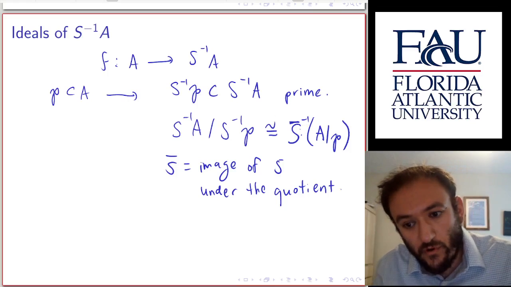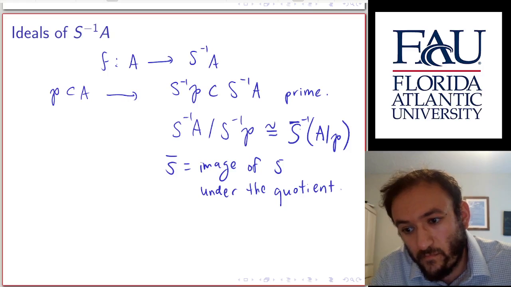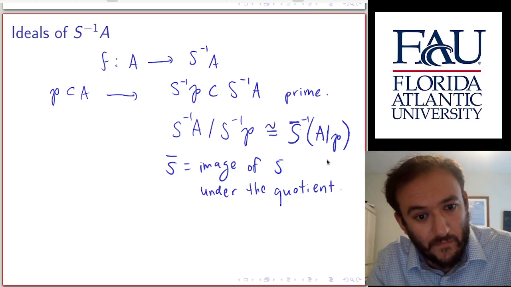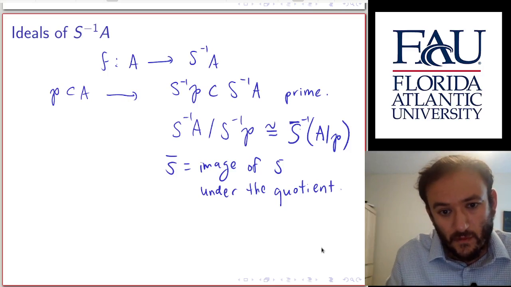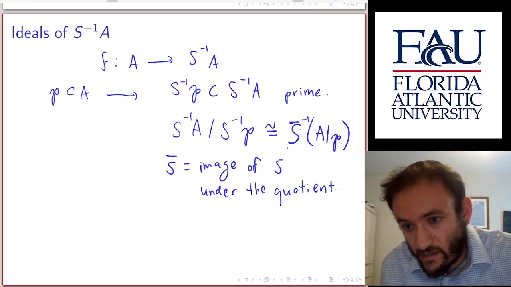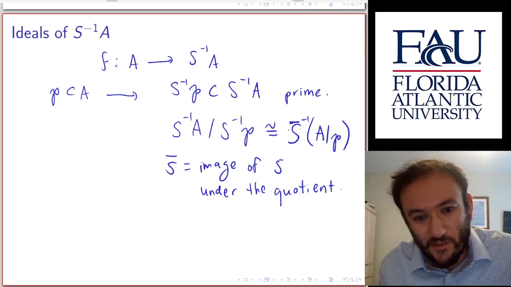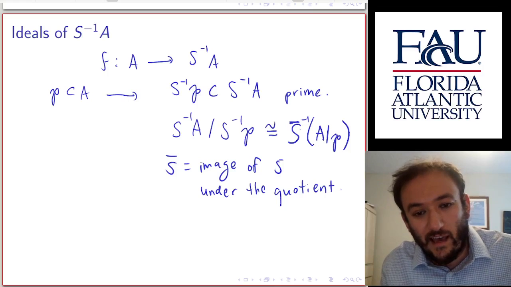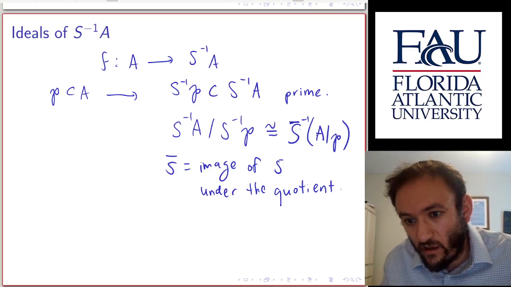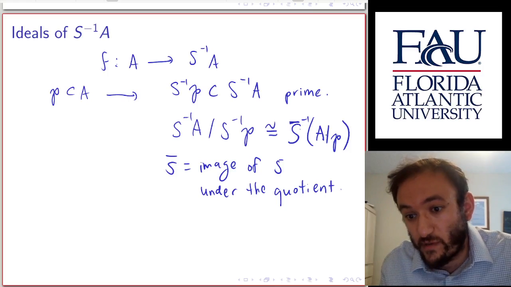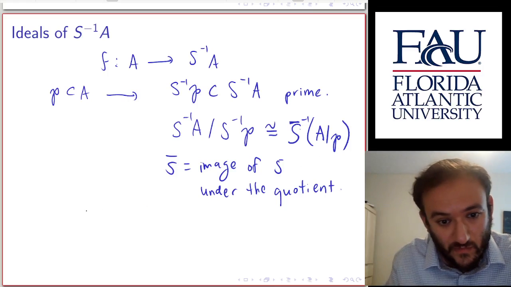Given that we have this isomorphism, which I haven't really justified, but you'll take my word for it at this point, we're looking at a localization of an integral domain, because a quotient by a prime is an integral domain.